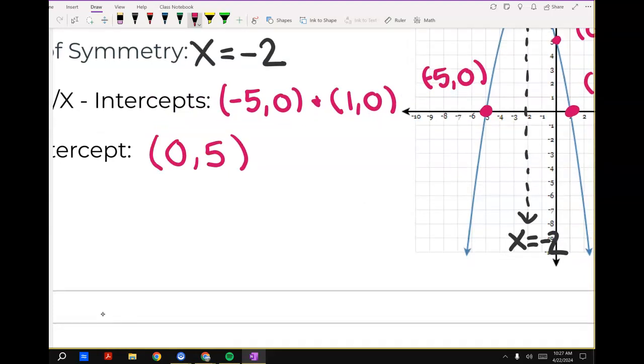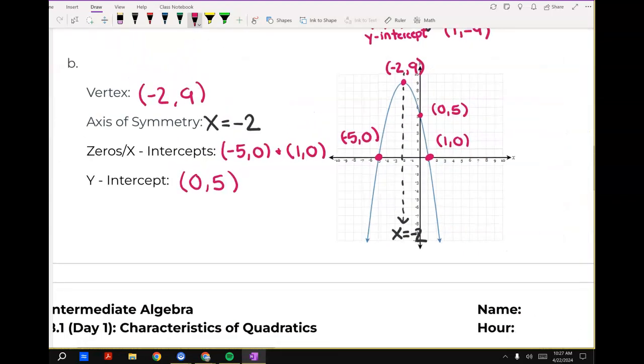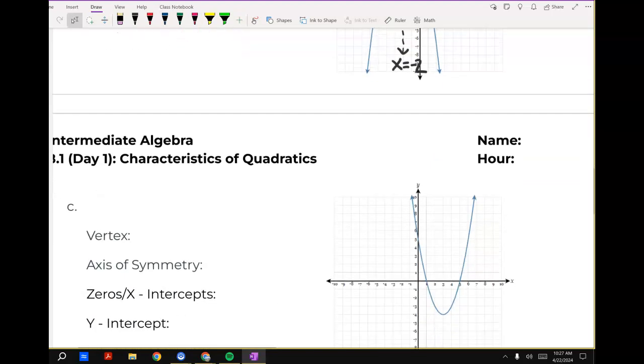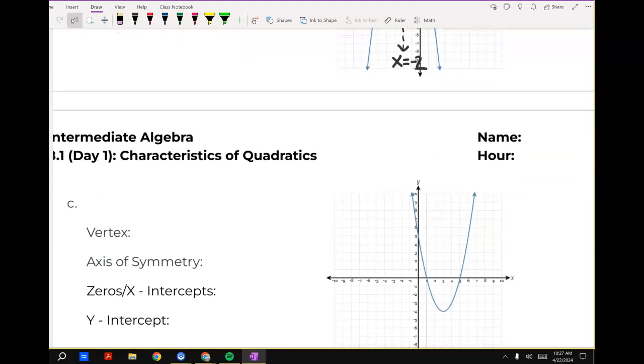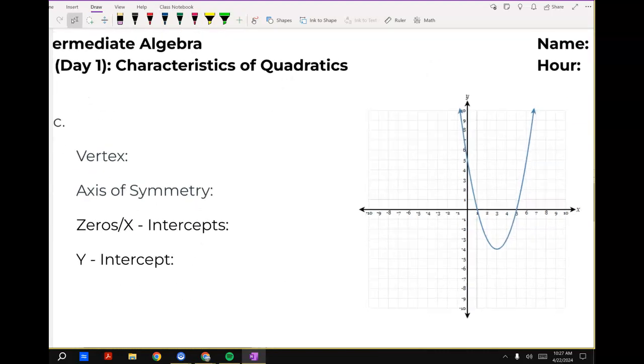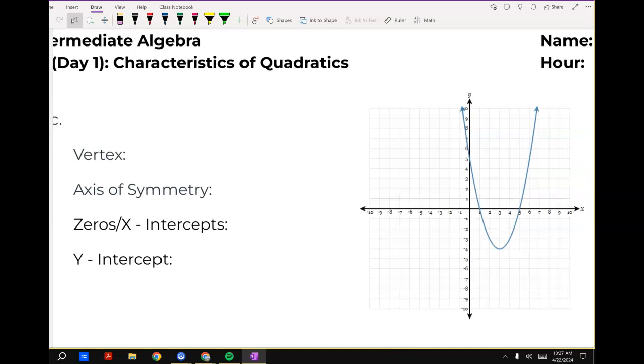I think for sure I'll just do one more together with you. You can check once I'm done. You already did it. You did it correctly. This will be, again, opening up. So our vertex will be a low point on our graph. So it would be the point (3, -4).